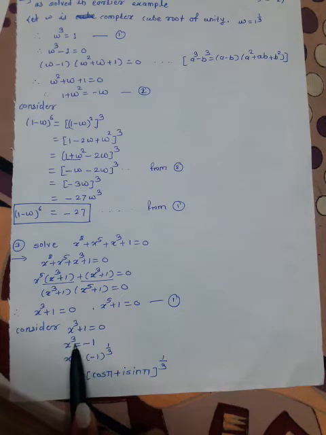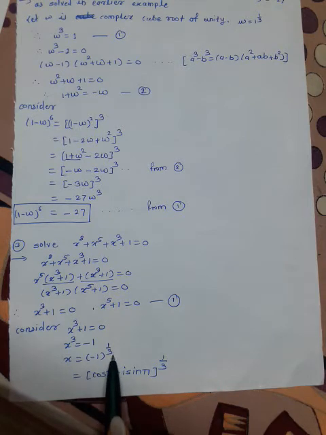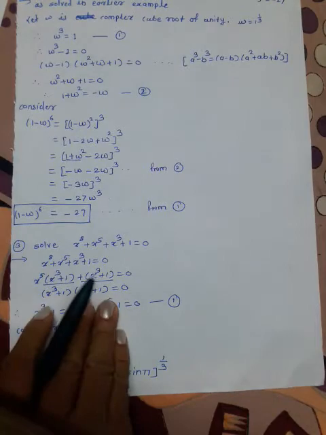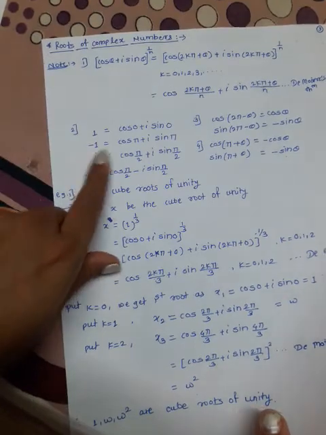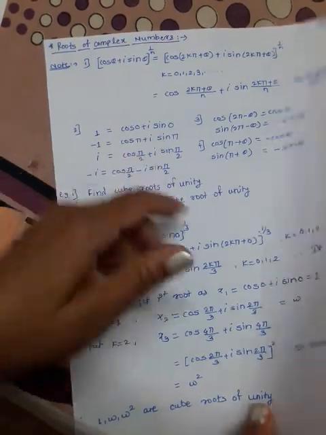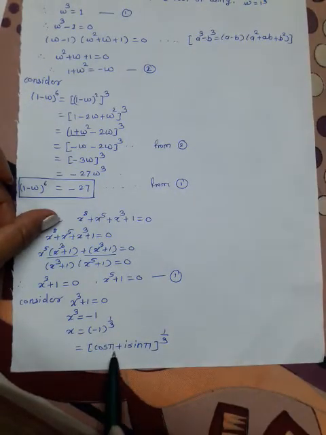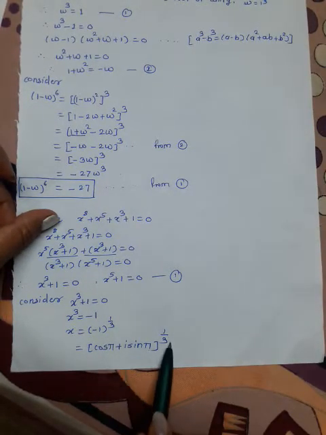We cancel this 3, and we get x is equal to minus 1 raised to 1 by 3. Now start with the minus 1. We have to put minus 1 value as cos pi plus i sin pi. It becomes cos pi plus i sin pi raised to 1 by 3.